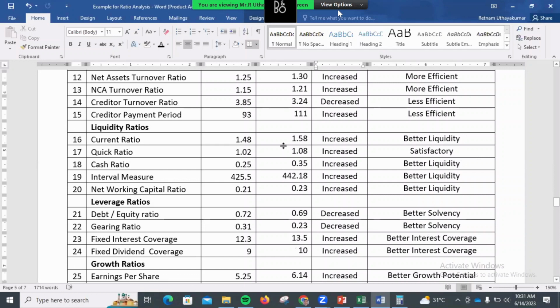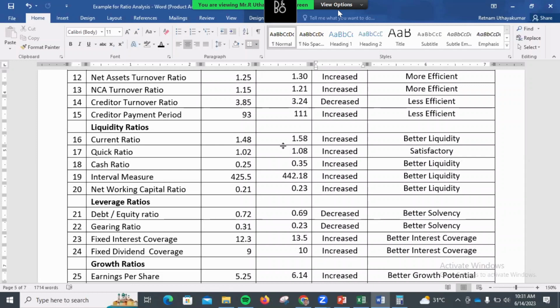A firm operating in the trading industry must maintain the standard current ratio, which is 2 to 1. The generally recognized yardstick is 2 to 1.